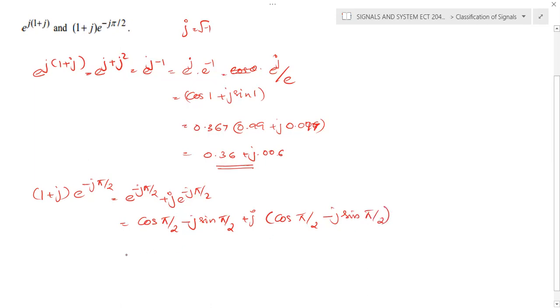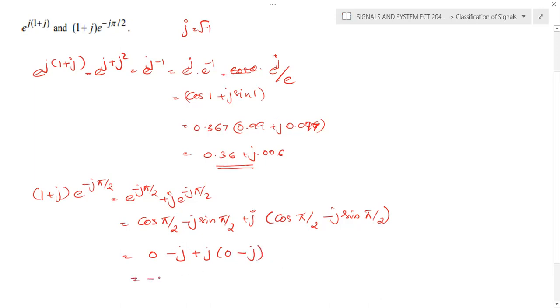Okay, and cos pi by 2 is cos 90. Cos 90 is 0, minus sine pi by 2 is 1. Okay, so you'll get minus j plus j, this term will be 0, which cos pi by 2 will be 0, and you need to multiply j into j. So you can write j 0 minus j sine pi by 2 is again 1, so you'll get minus j.